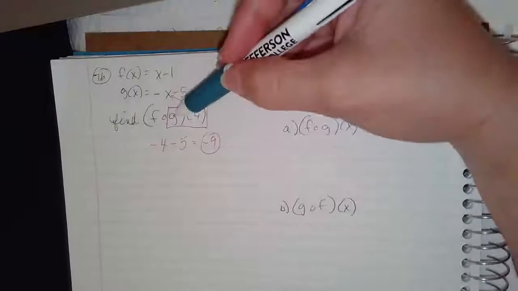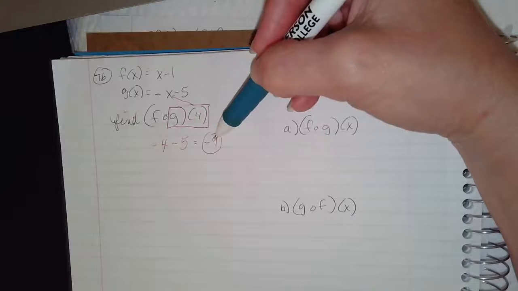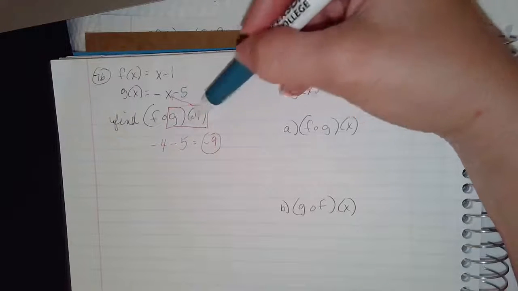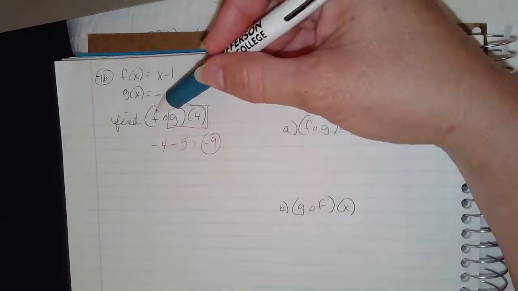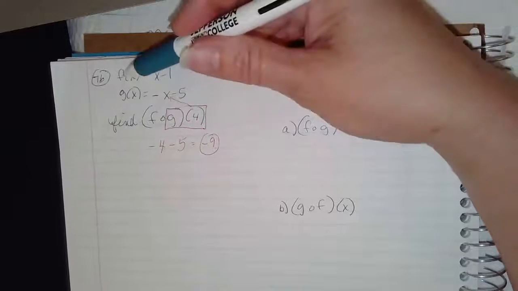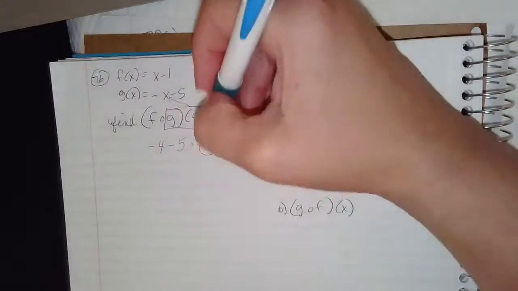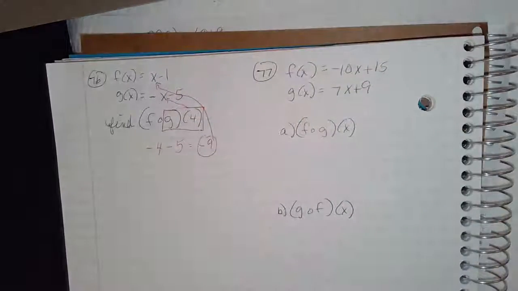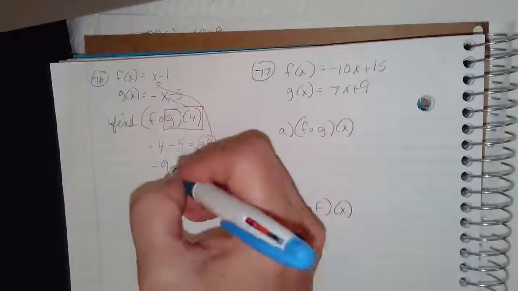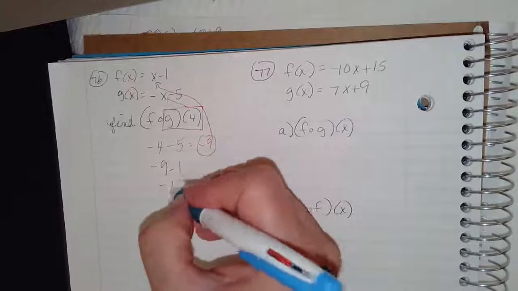So we get g of 4, which is negative 9, then plug all of that answer into function f. So here's function f, it only has the one x value, we plug that in for that x value. So negative 9, subtract 1, which will be negative 10.